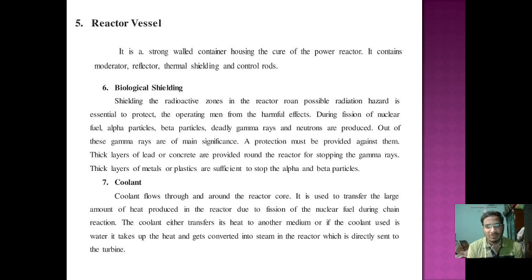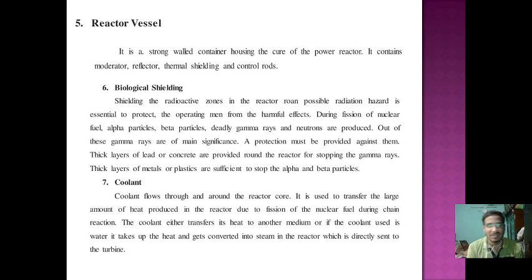Next, during fission of nuclear fuel, alpha particles, beta particles, deadly gamma rays and neutrons are produced. While fission takes place, different types of particles are generated inside the nuclear reactor.